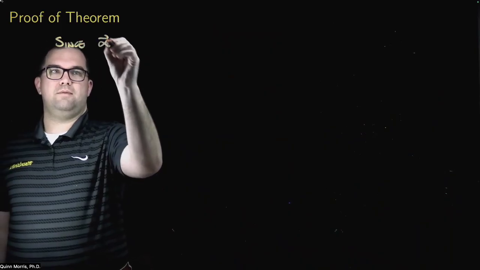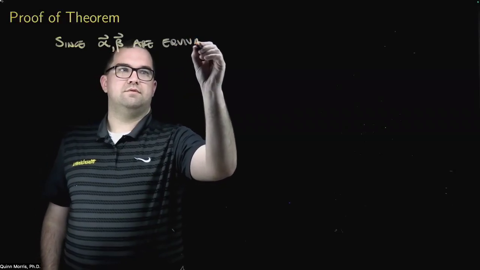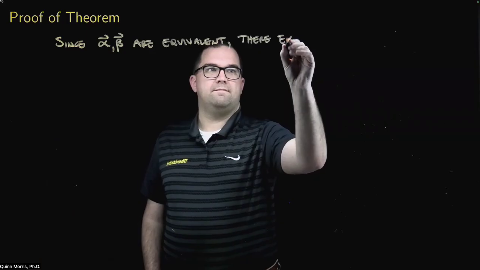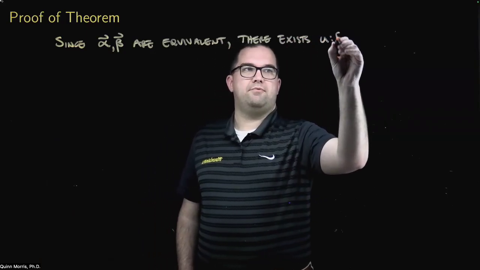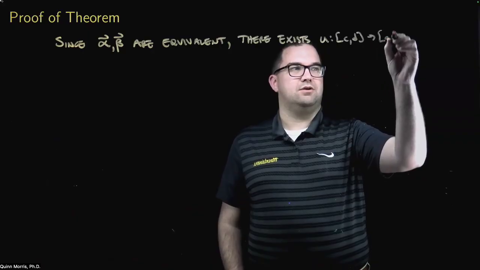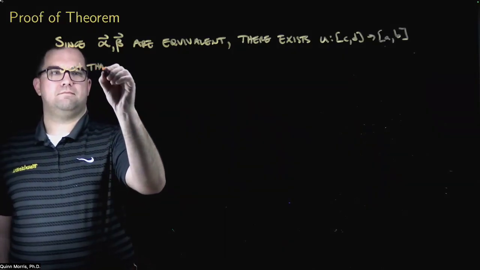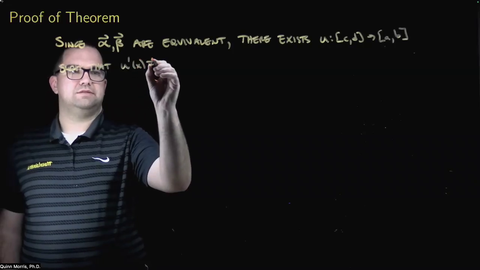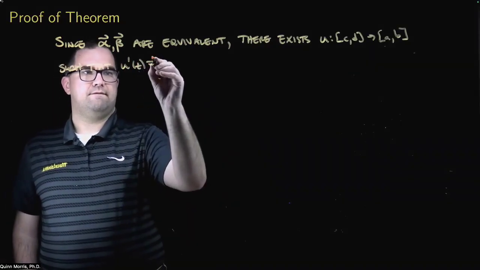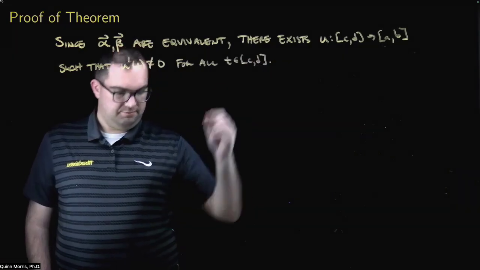So since alpha and beta are equivalent parameterizations, then there exists a U. That U is going to map from the closed interval CD into, now before we wrote R, but then we said the range has to be AB, so let's just write into AB, such that U prime of T is not equal to 0 for all T in CD.